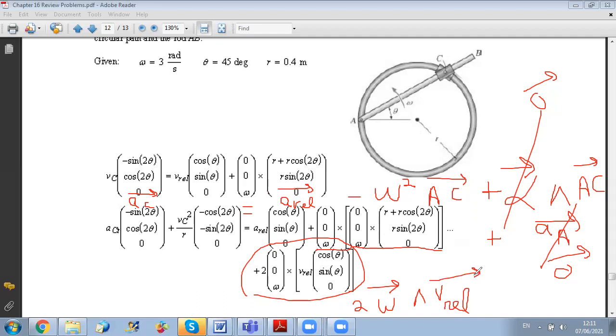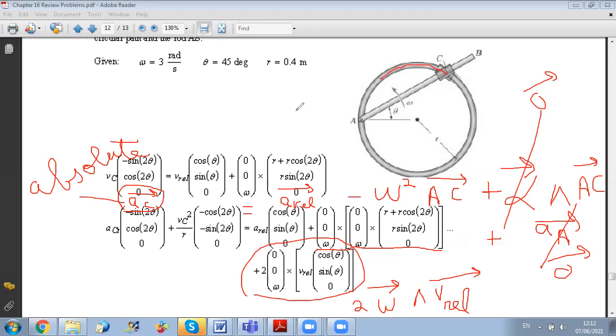So now let us see which term is equal to what. First, for AC, this is the absolute acceleration. And since C is rotating about a fixed axis, if you look at C from the fixed frame, you will see that it's doing rotation.